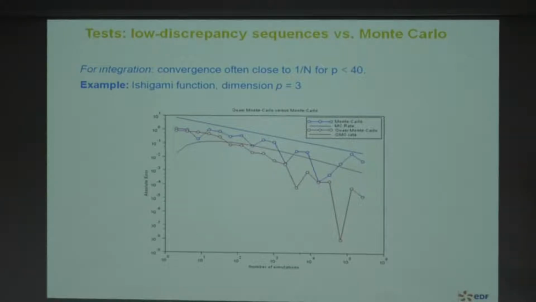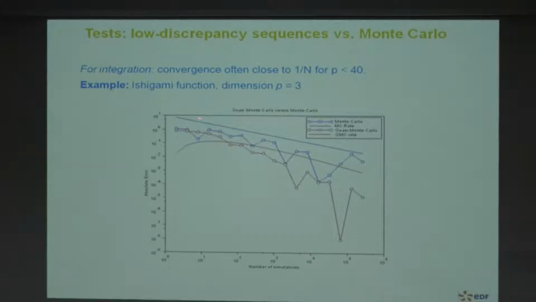This is a general observation and heuristic observations. So here I have put an example in dimension 3 on a particular nonlinear function, and I compare the Monte Carlo convergence in blue and the quasi-Monte Carlo convergence in red.